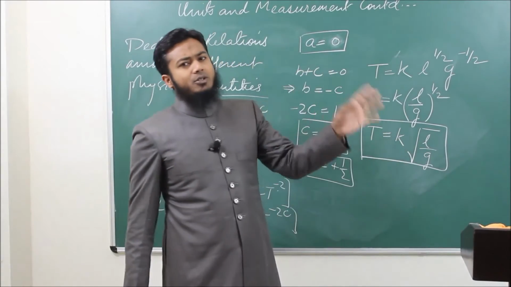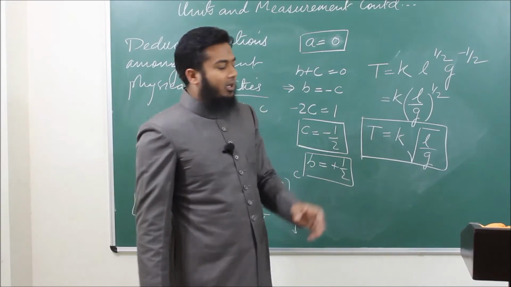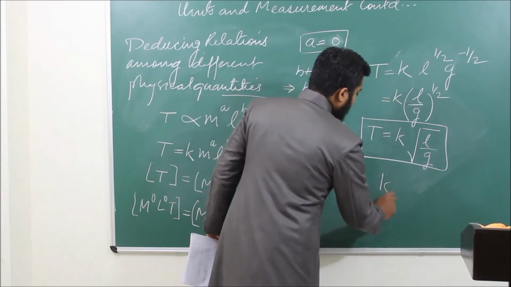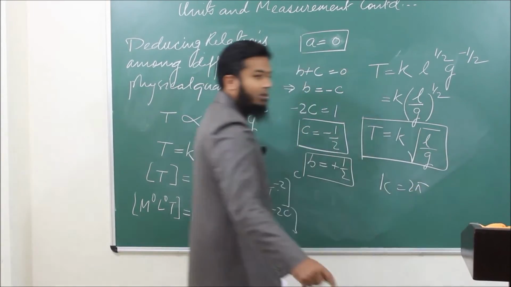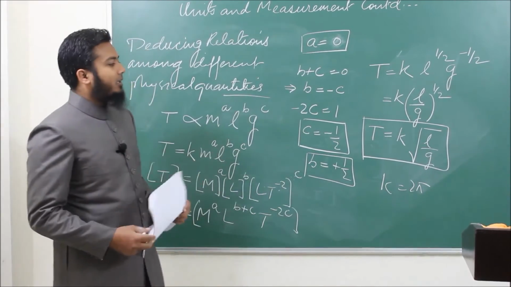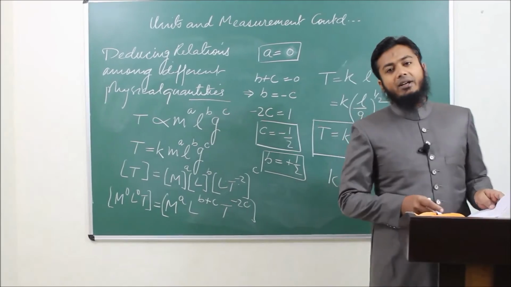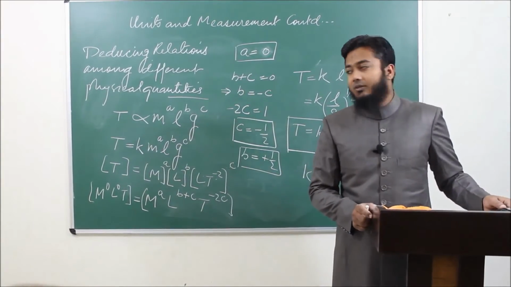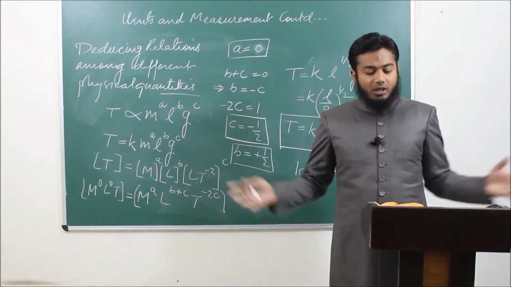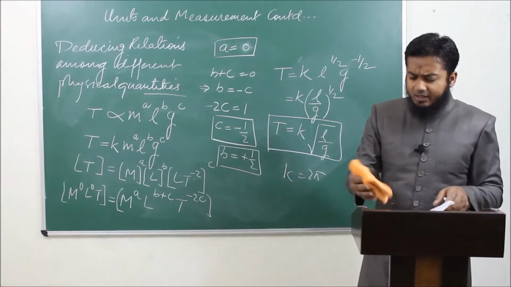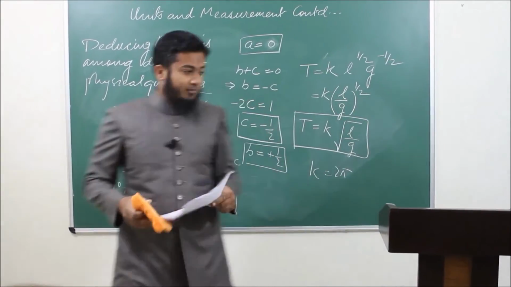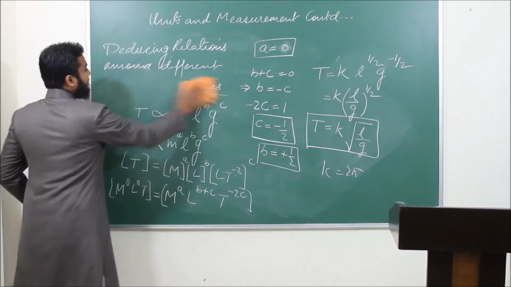And when we derive it by some other method, this k has a value 2 pi. But with this method, we are not able to find the value of k. So this is how we can deduce the formula for a physical quantity by pure guess. Let's take another example. I hope you have written everything down.